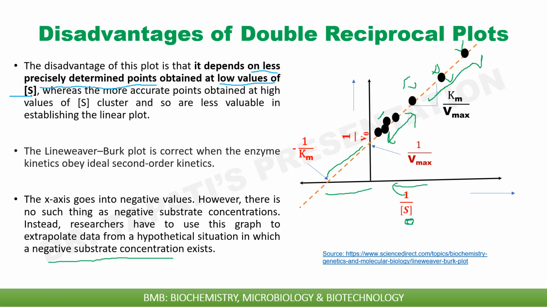Lower concentrations of substrates are least accurate, and the high substrate concentration points are compressed. Here we are getting a cluster at higher substrate concentration. Therefore, we can say it has the inaccuracy problem.